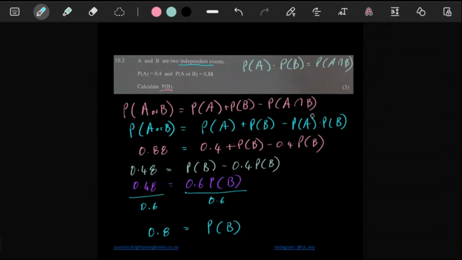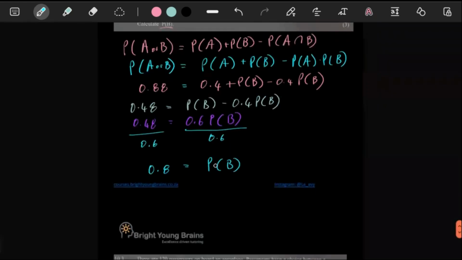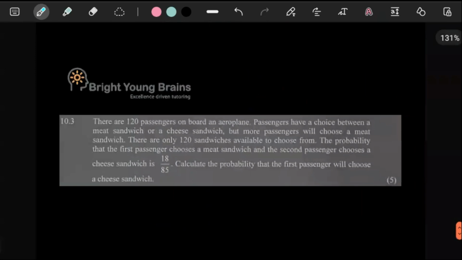That's what we're getting. So, we could just test our answer, see if it balances out. Let's see, 0.4 plus 0.8 minus 0.4 times 0.8. Yep, the equation balances out. So this is what we get for the probability of B.